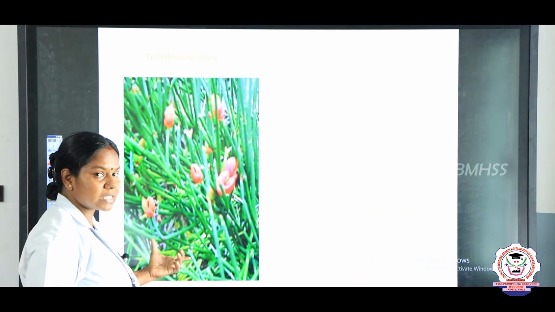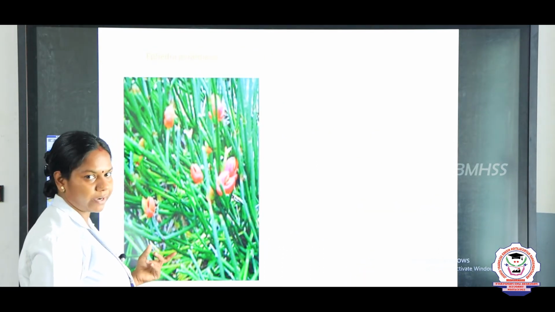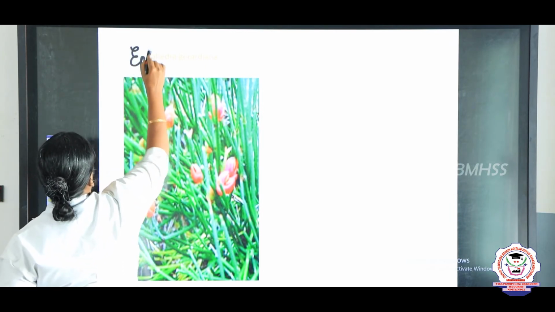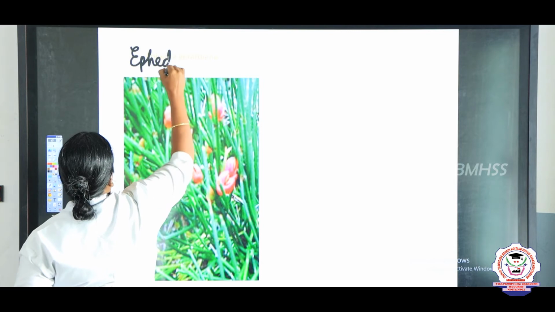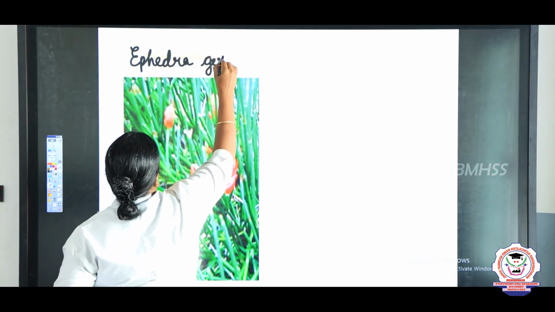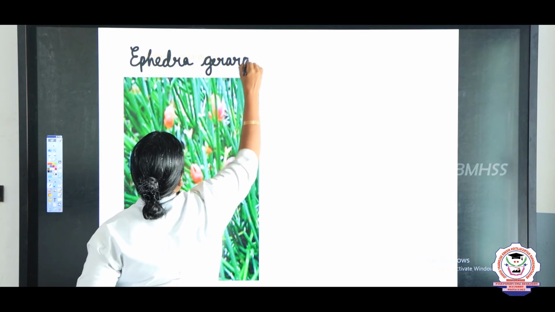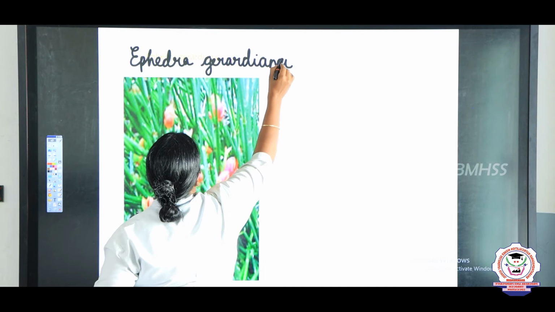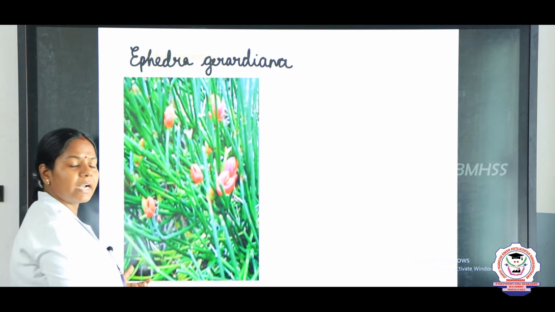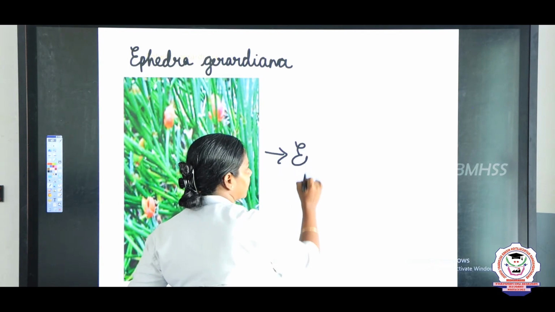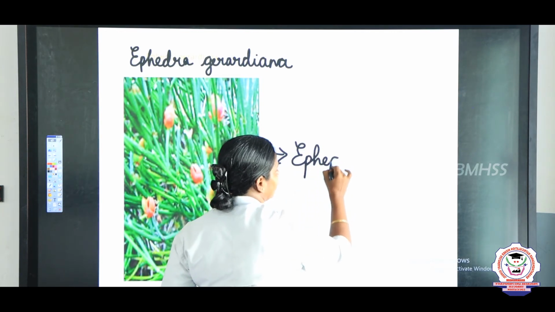Right, we already discussed Ephedra in the previous session. The full name of this plant is Ephedra gerardiana. The economic usefulness of this plant is that a drug, ephedrine, is obtained from it. What is the name of the drug? Ephedrine.